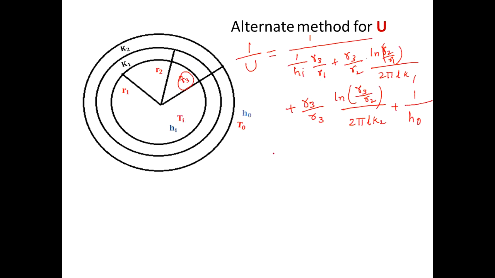Because you are writing depending upon the external radius R3, we are not considering R3 here. If you consider external, then you divide that with the particular radius.